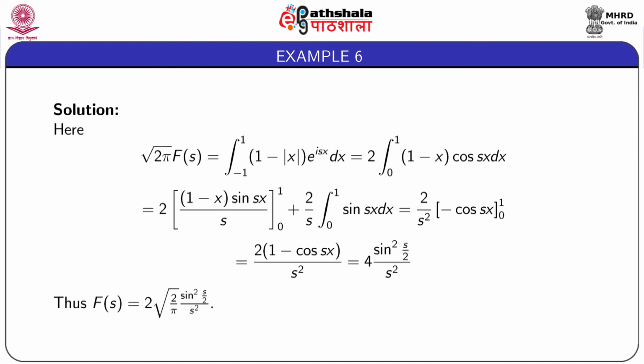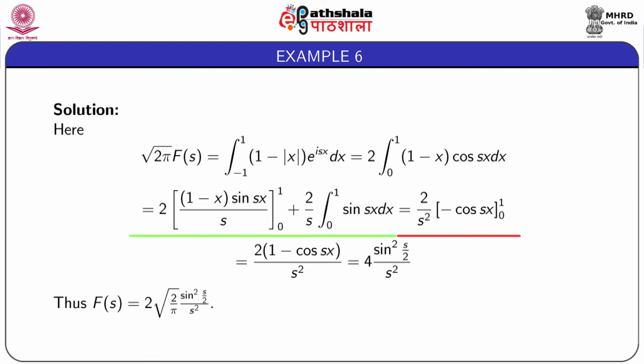So these two integrals can be simplified and we obtain 2 times the integral from 0 to 1 of (1 - x) cos(sx) dx. So, we integrate by parts, this is a simple integral and we get 2 times [(1 - x) sin(sx)/s] from 0 to 1 plus 2/s times the integral from 0 to 1 of sin(sx) dx.